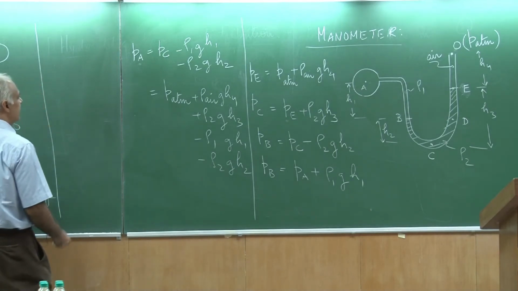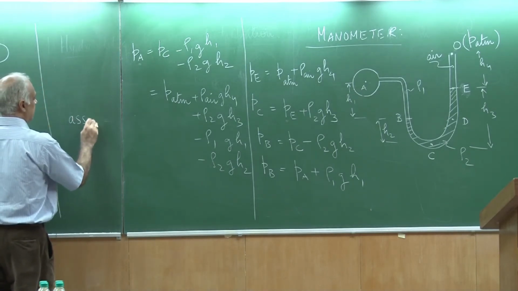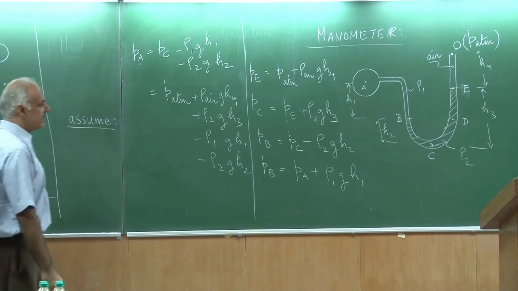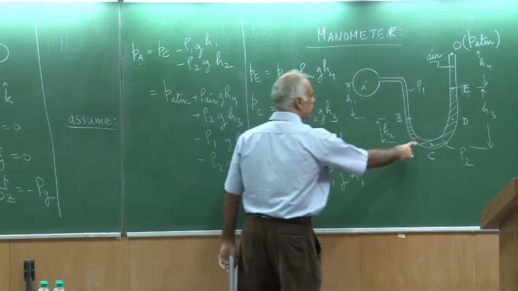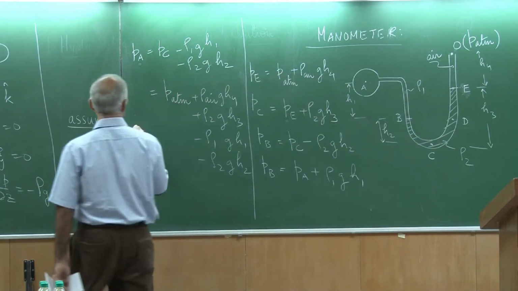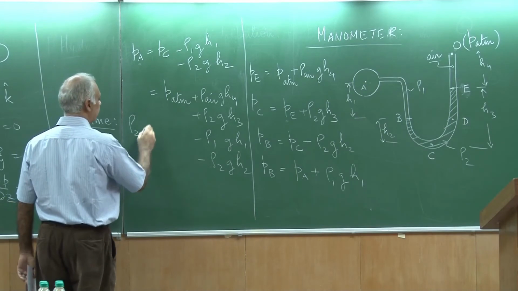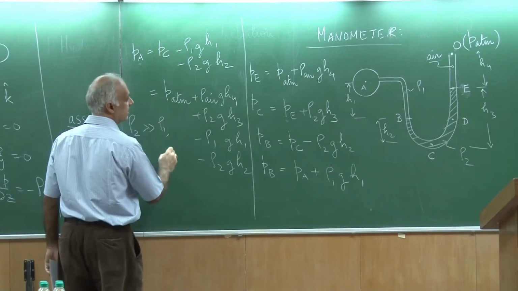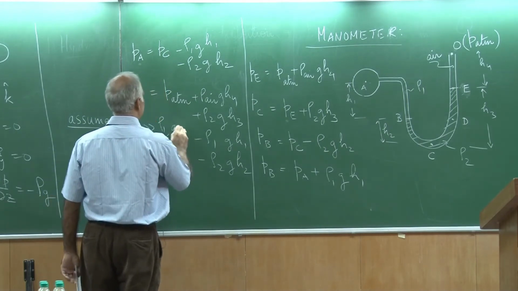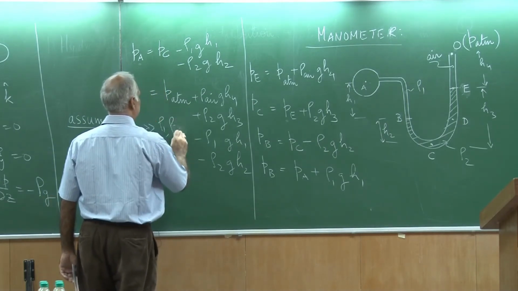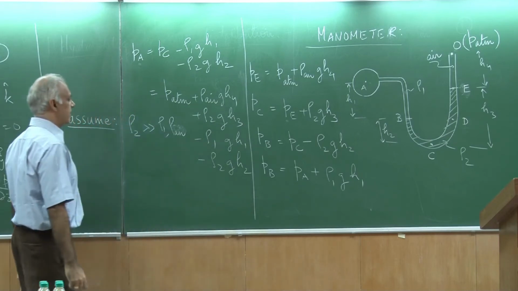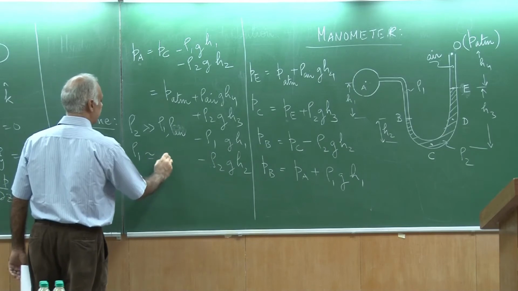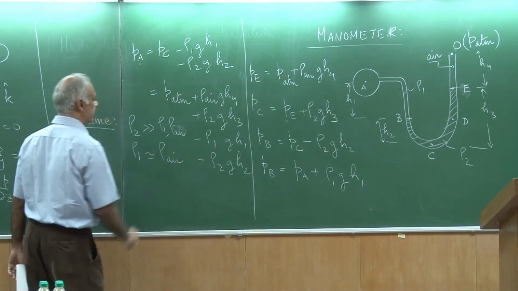I could now make some assumptions. So, I could say that this fluid rho 2 is a heavy fluid and it is much greater than rho 1 and rho of air. I could also assume that rho 1 is nearly equal to rho of air.